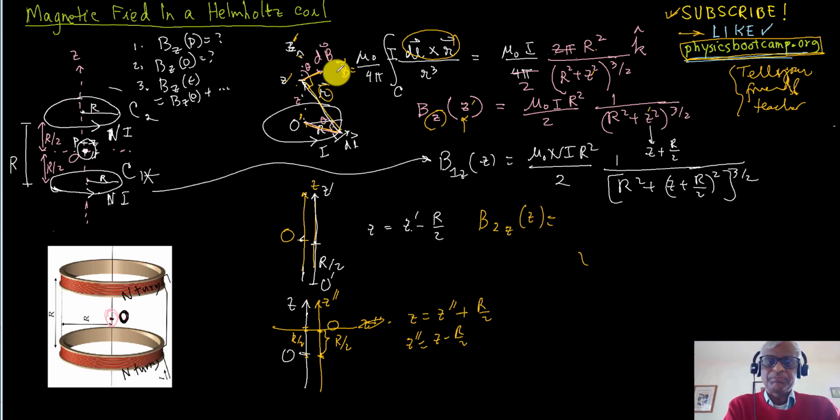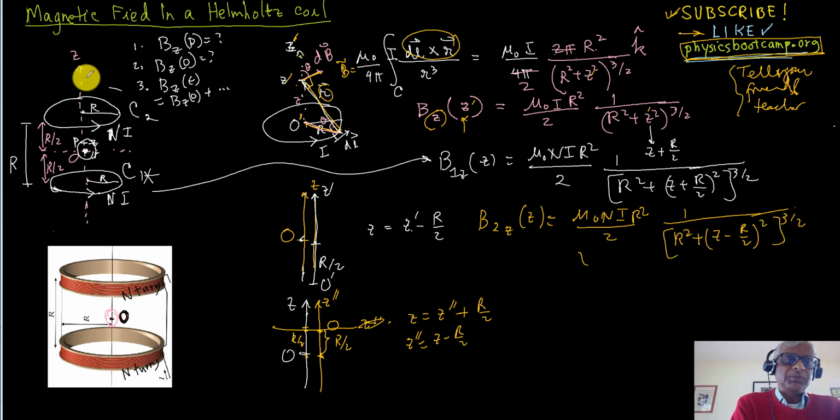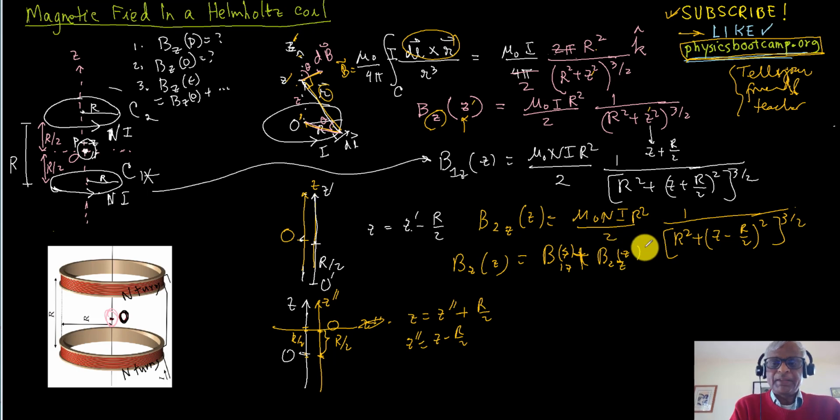So this loop thing would just look very similar. N i r square over 2, 1 over r square plus z minus r over 2 square, to the 3/2. So I add this B of z, this net will be just these two together, B1 of z plus B2 of z, because they're in the same direction.